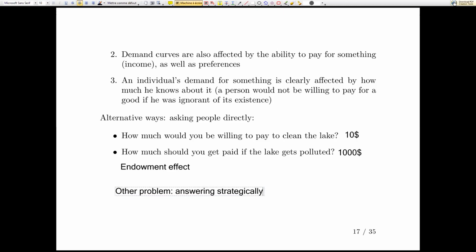People might answer that they want to be paid higher than what they think they should be paid. Yeah, exactly this kind of thing.